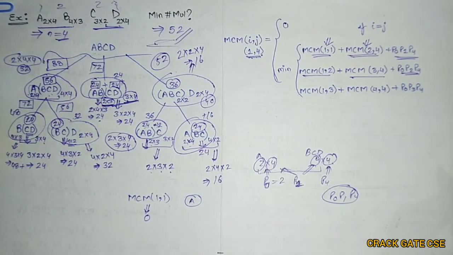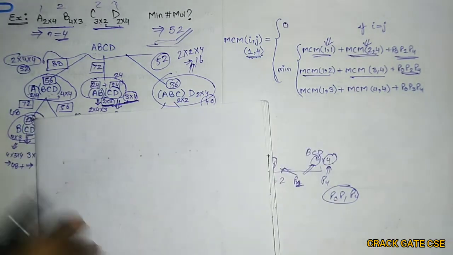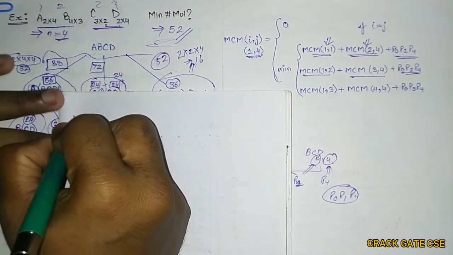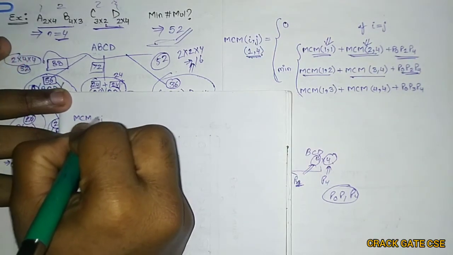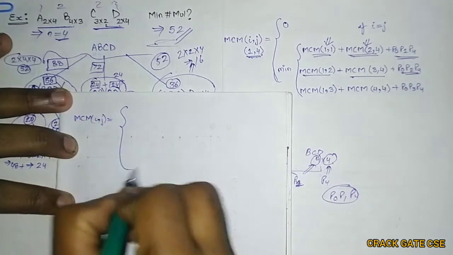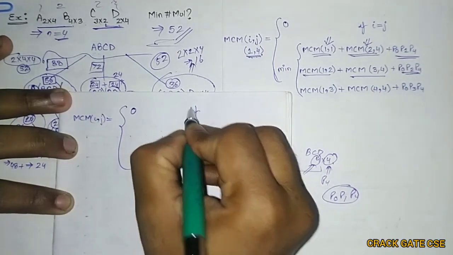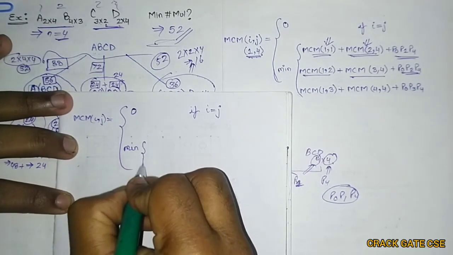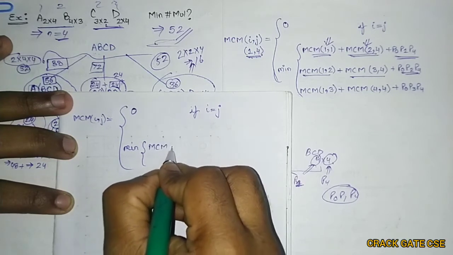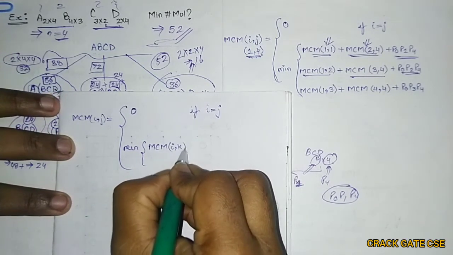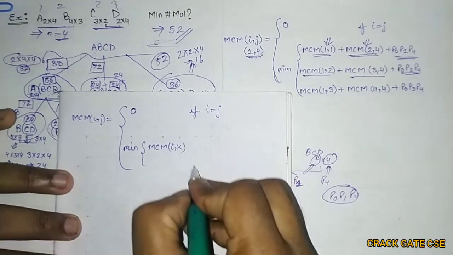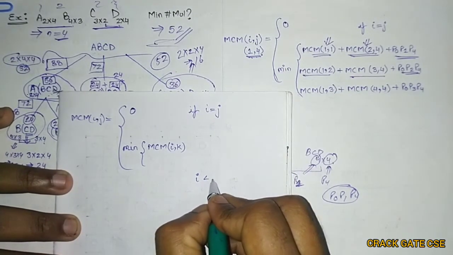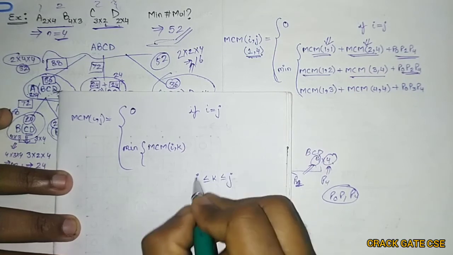Similarly, I am expanding this third one. So how to write it in a general form? I can write MCM of i comma j is equal to 0 if i is equal to j, this is the same, otherwise the minimum of MCM i comma k. i is the starting value, and k will be any value lying between i and j.